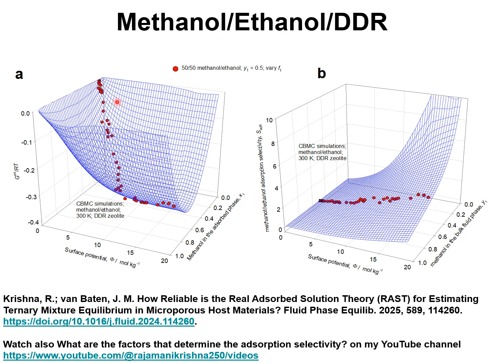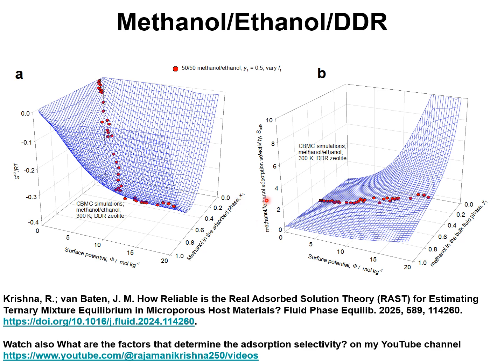I show here CBMC data for 50-50 methanol-ethanol mixture adsorption in DDR zeolite. The CBMC data are plotted by these red circles. This is the excess Gibbs free energy plotted as a function of the surface potential and methanol mole fraction in the adsorbed phase.